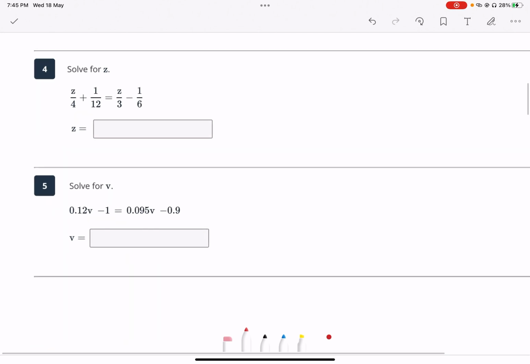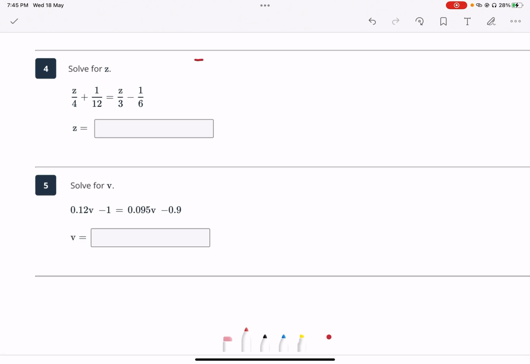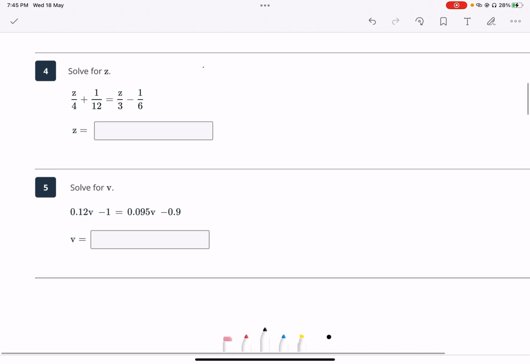This one seems to be easy, so let us solve this one, which is z over 4 plus 1 by 12 equals z over 3 minus 1 by 6. All that you need to do is change the sides first.